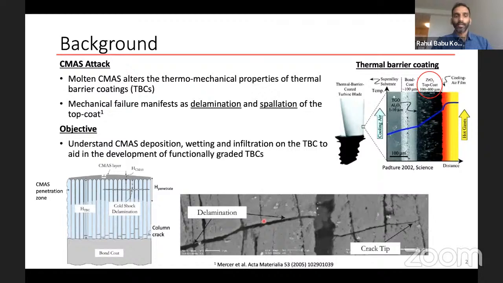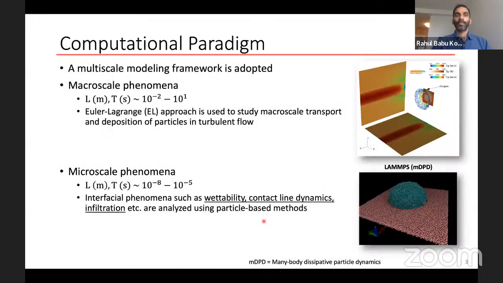And for our research, we want to understand the entire life cycle of the CMAS on a TBC, so that we can develop, or aid in the development of, functionally graded TBCs. These are the next generation of TBCs that the Army is pursuing. Since this is broadly a multi-scale phenomenon, we have adopted a multi-scale modeling framework.